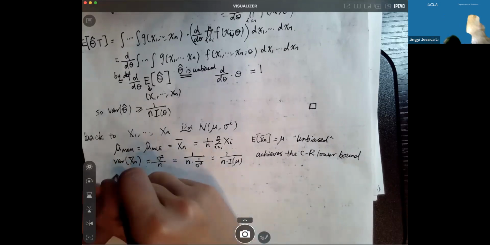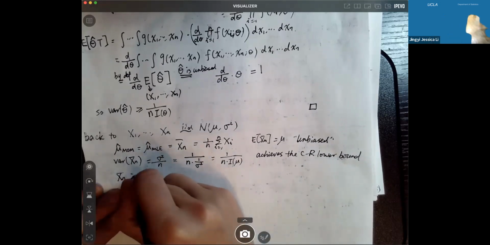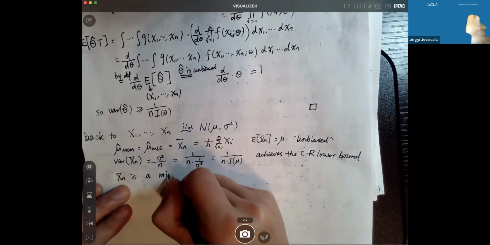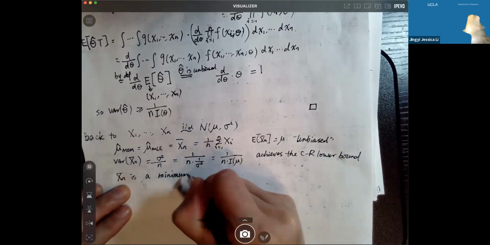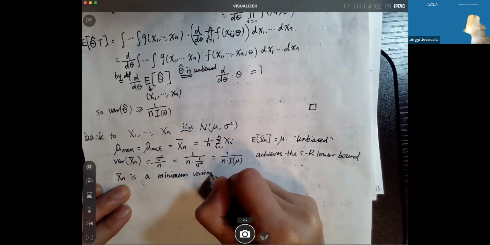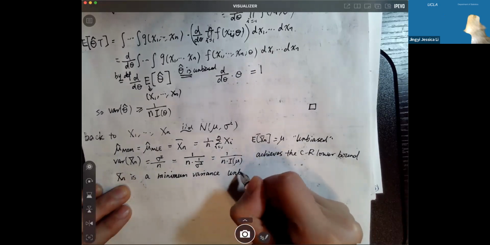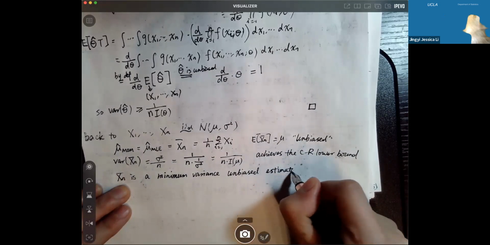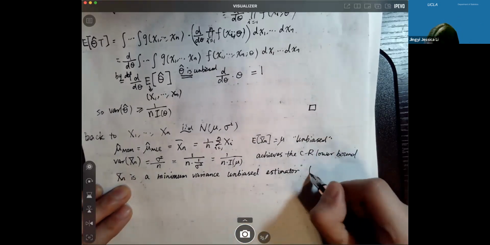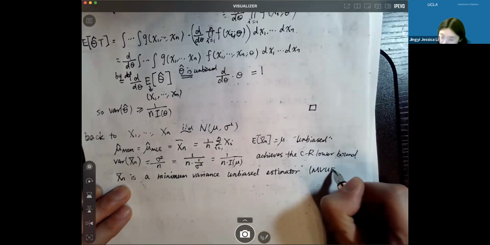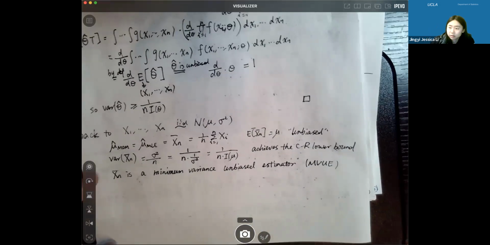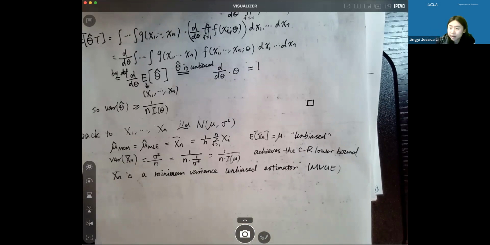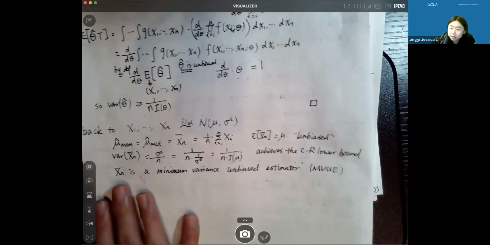We say this X bar is a minimum variance unbiased estimator, MVUE. This is the best estimator you could imagine, you could achieve. So you can see mathematical statistics is a way to justify our analysis procedures.